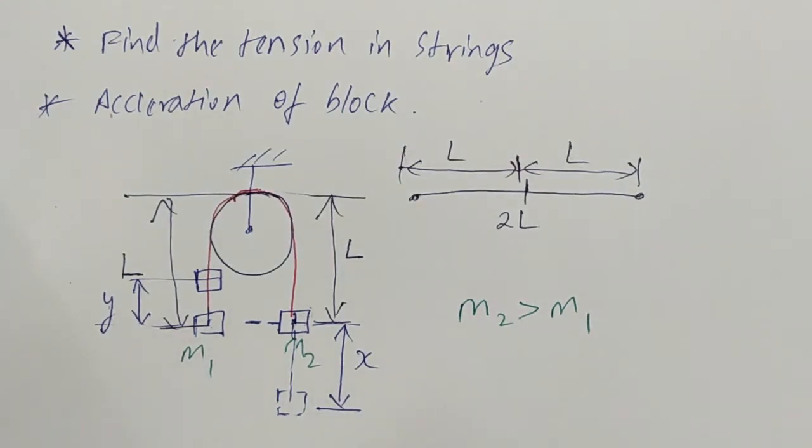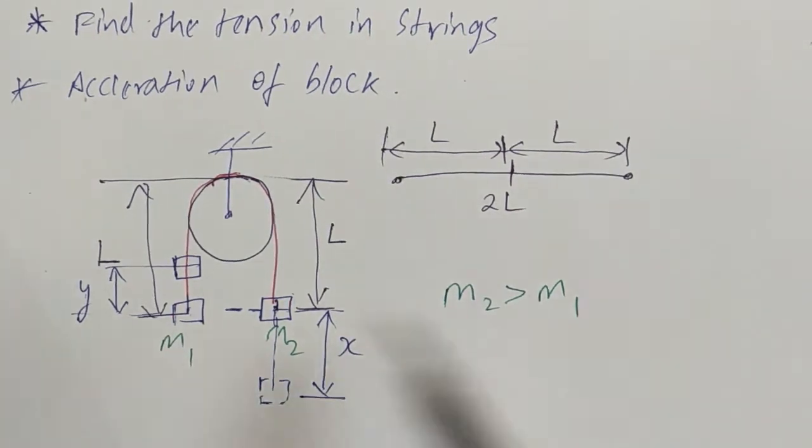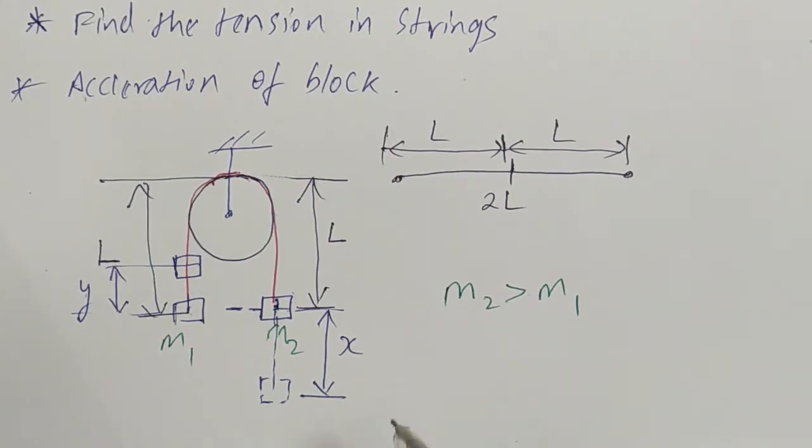Now our goal is to determine the relationship between the x and y. So why am I saying that we need to determine the relationship between x and y? Because this is a distance traveled by this block in a certain time.